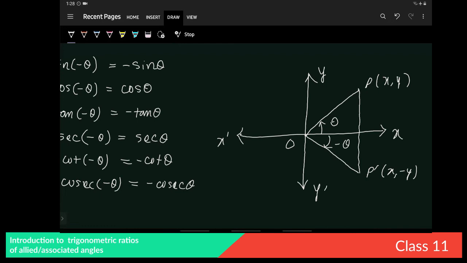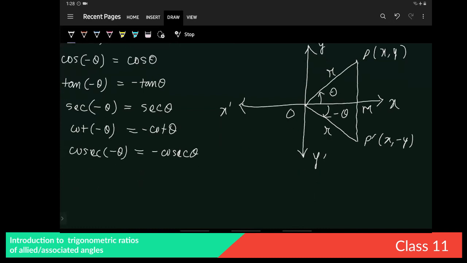Now if I write this distance as r, this distance will also be r, because these are the same, and this distance I write as m. So pm is equal to p dash m. In triangle PMO, what will be sine theta?